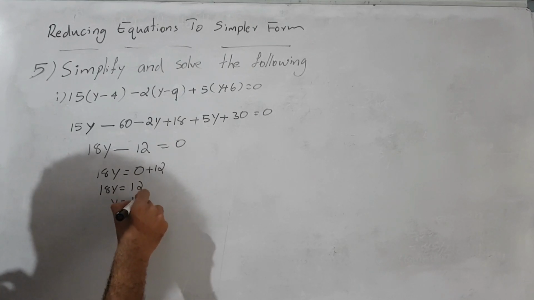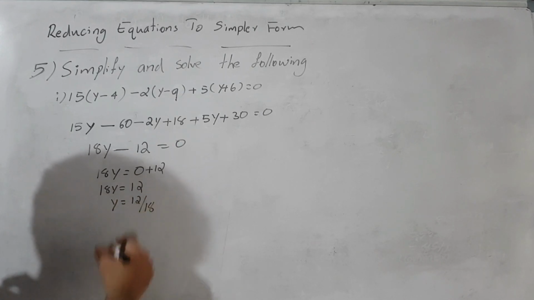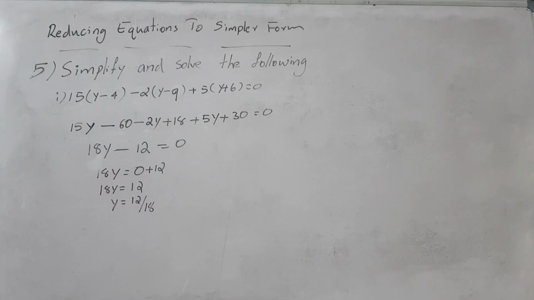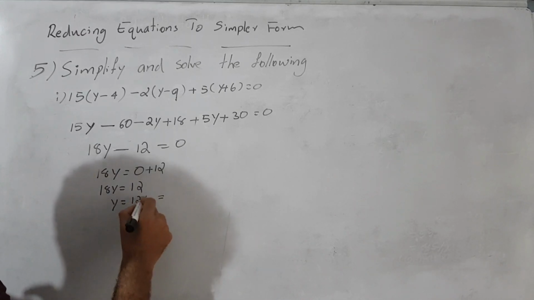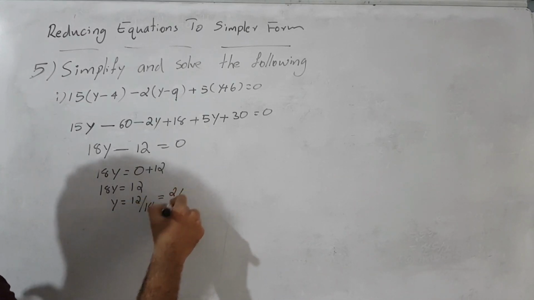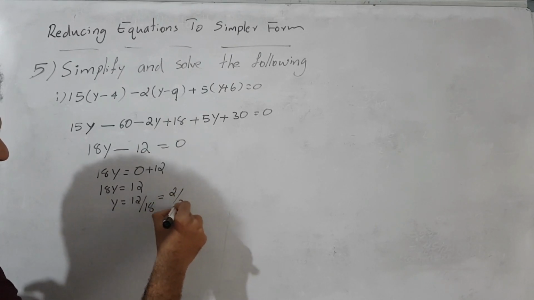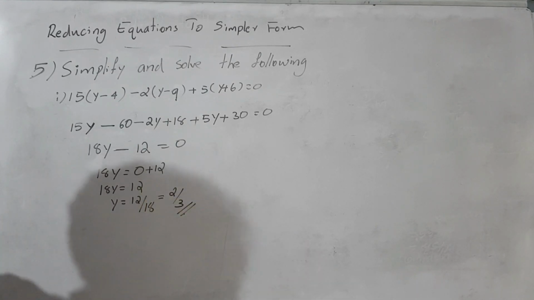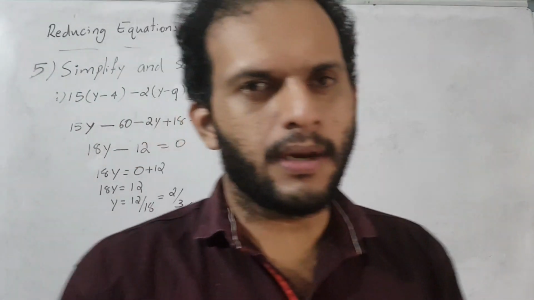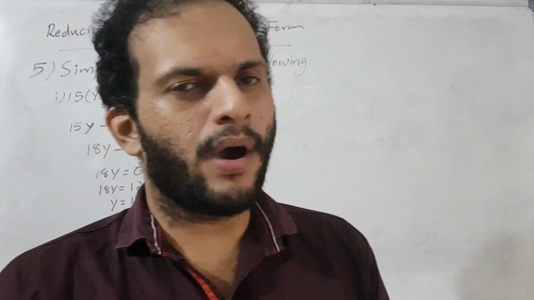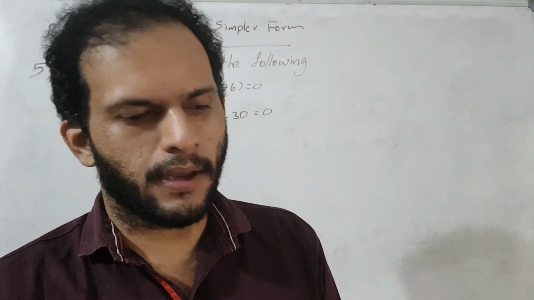Therefore, y is equal to 12 by 18. 12 by 18 can be reduced by 6. Then 2 times, and in 18 3 times, so the value of y is equal to 2 by 3.